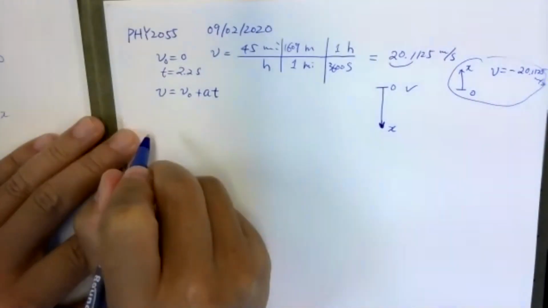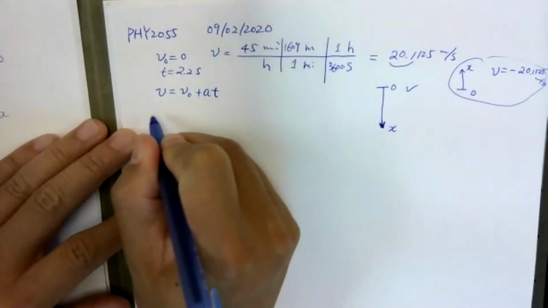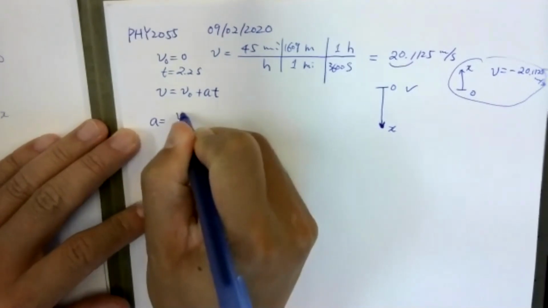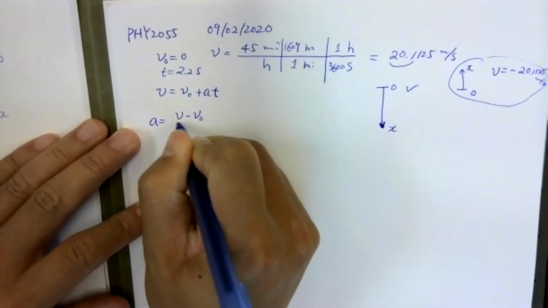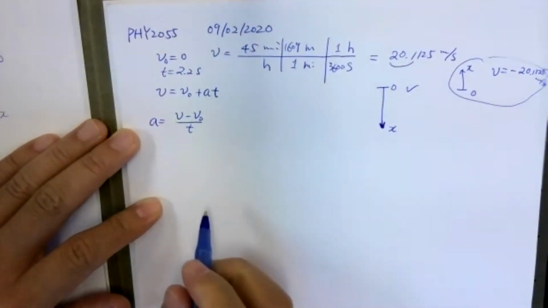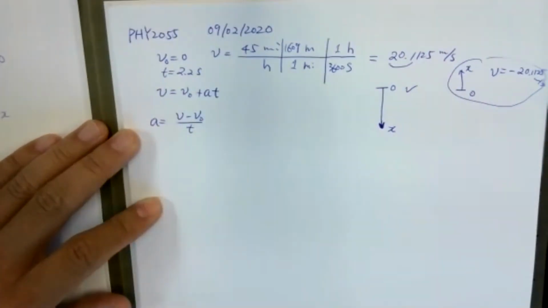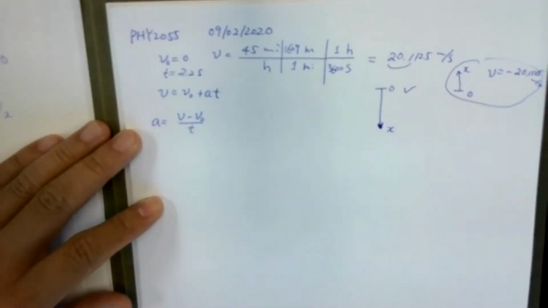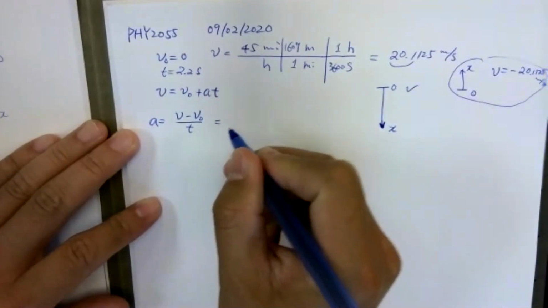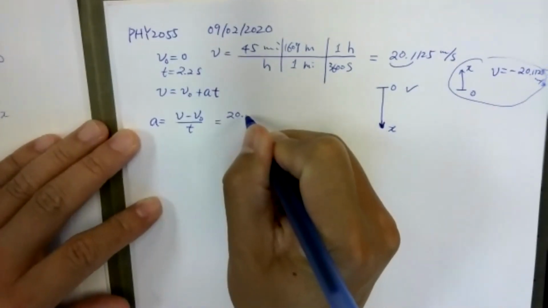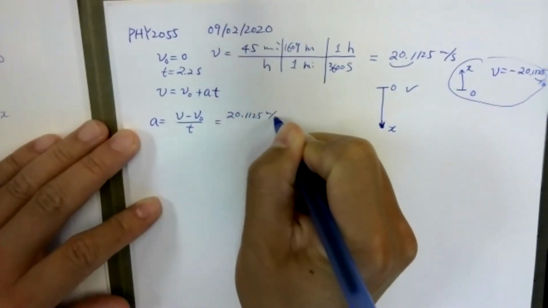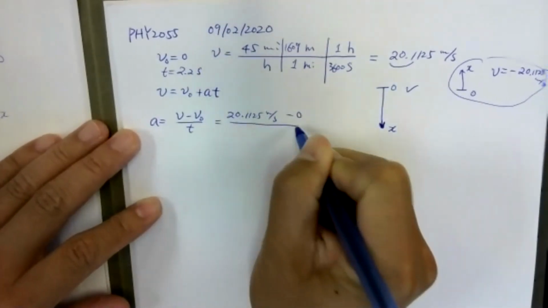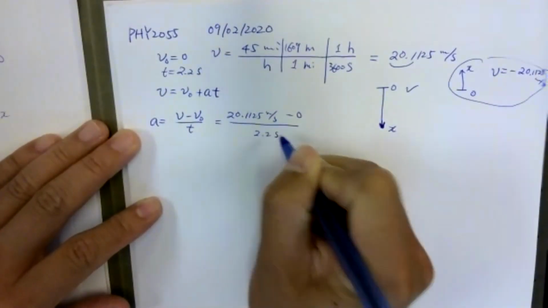So with the algebra here, you can solve for A. A will be equal to V minus V0 divided by T. This is exactly the definition of average acceleration: final minus initial divided by time T. So you do 20.1125 meters per second minus 0 initial, divided by 2.2 seconds.